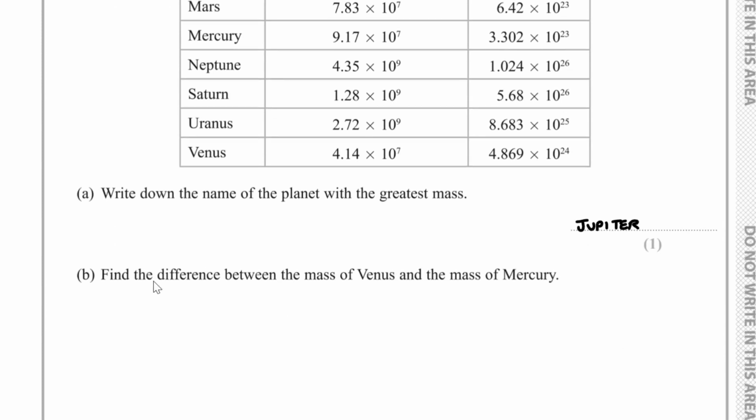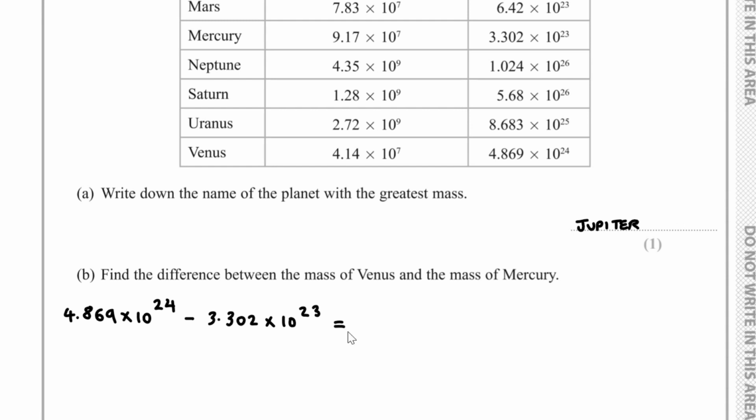Now for part B, we have to find the difference between the mass of Venus and the mass of Mercury. So the mass of Venus, that is 4.869 times 10 to the 24, and the mass of Mercury, you can see that's 3.302 times 10 to the power of 23.